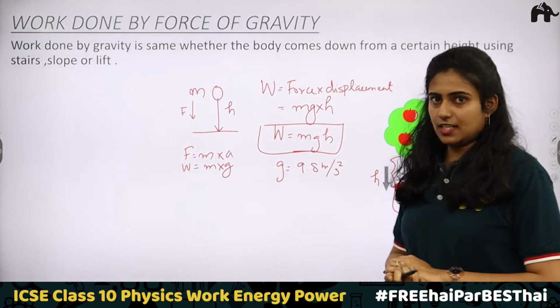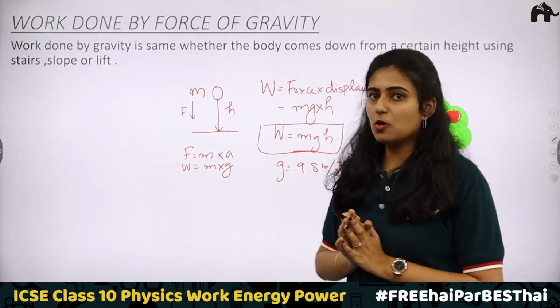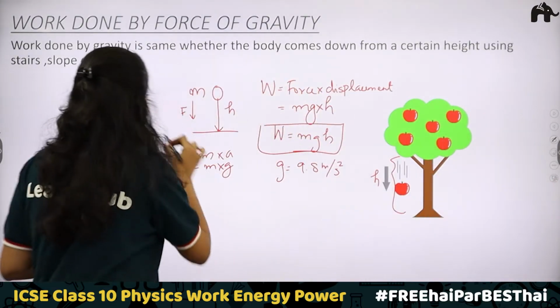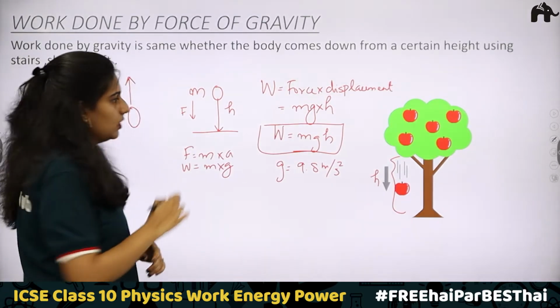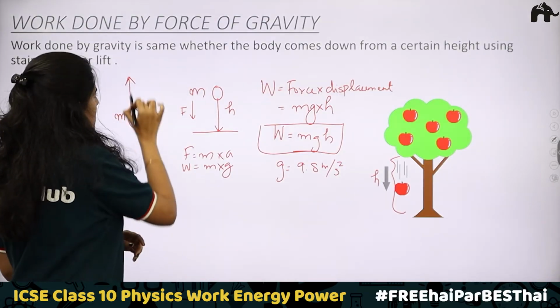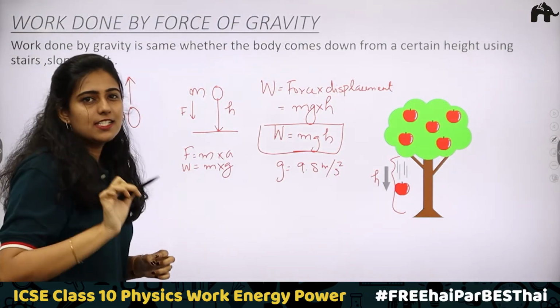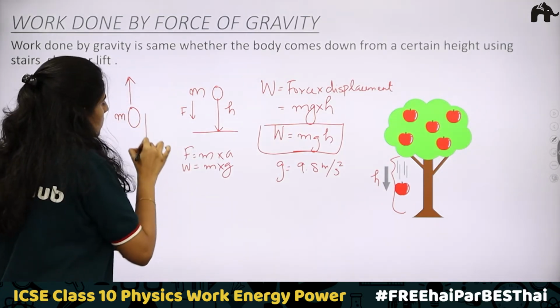Now take another case. When you are throwing a ball up, in which direction is the ball moving? The ball will be moving in this direction, that is upward. So here we have a body of mass m, a ball of mass m, which is moving upward. In which direction is force of gravity acting? Force of gravity will always pull it down.